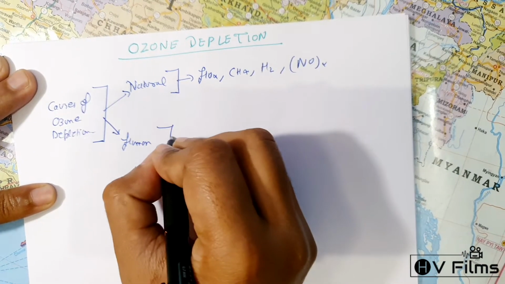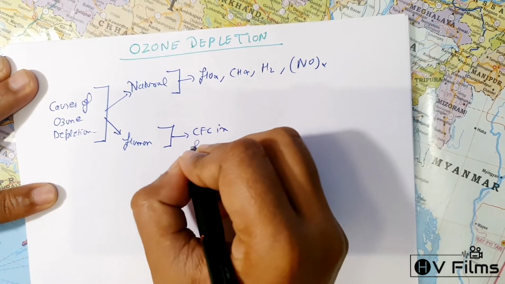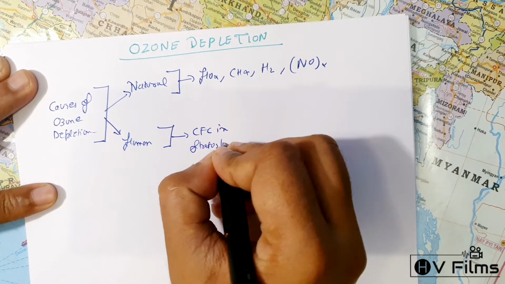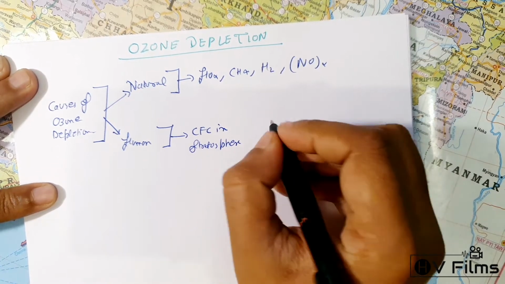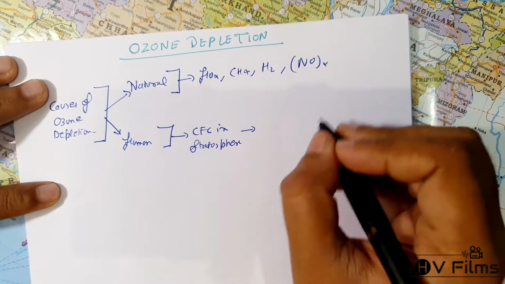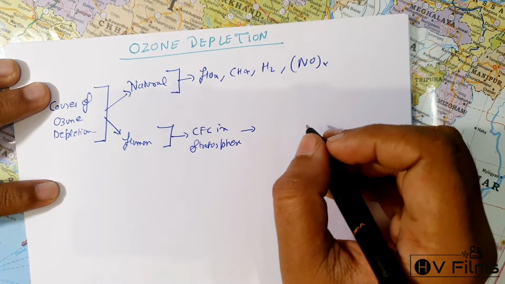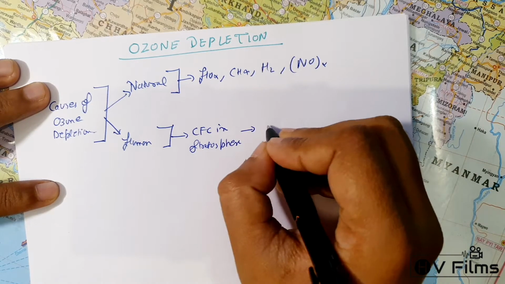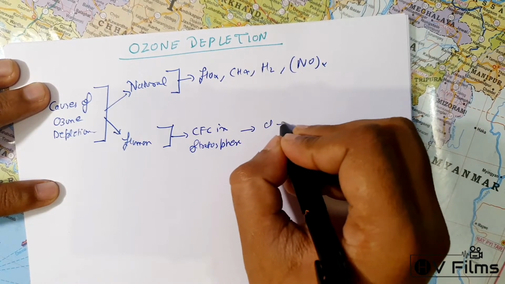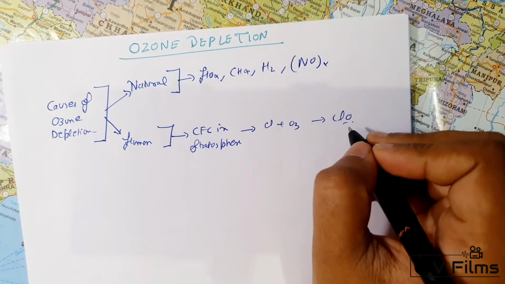Whereas the human induced can be the CFC in the stratosphere, which basically takes a couple of reactions. We'll discuss them further. That is the CFCs, and then the chlorine atoms which react with the ozone and form chlorine monoxide. So we'll discuss those things.